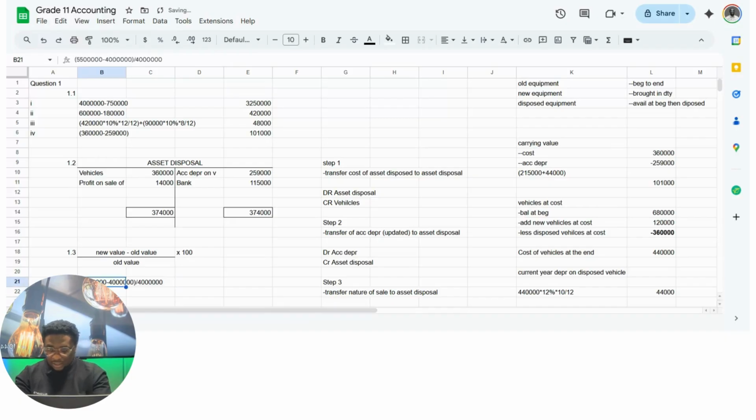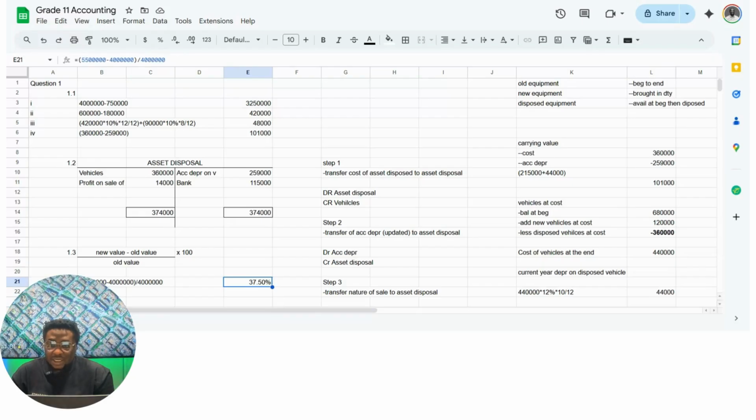And then take all of that multiplied by 100. That will then give you the percentage change of 37.5%.